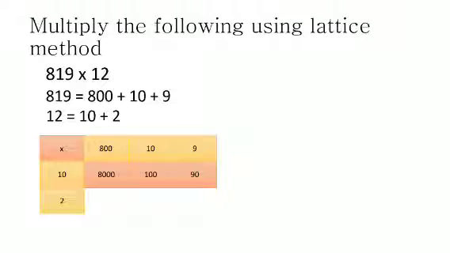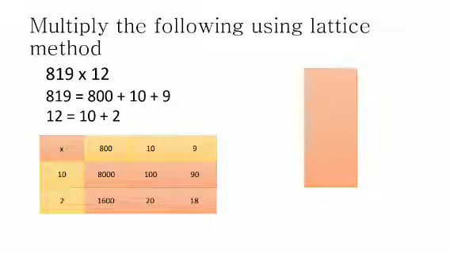Now we will multiply by 2. 2 eights are 16 and 2 zeros. Now 2 tens are 20. Now 2 nines are 18. So here we got 6 products. All these products we will add.